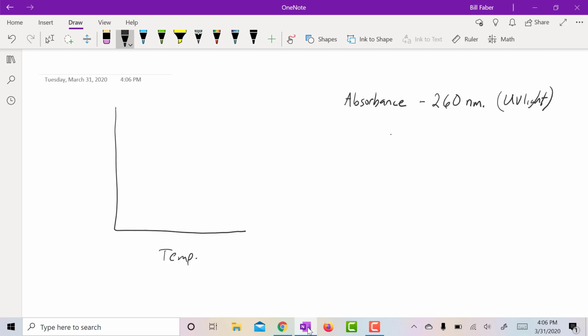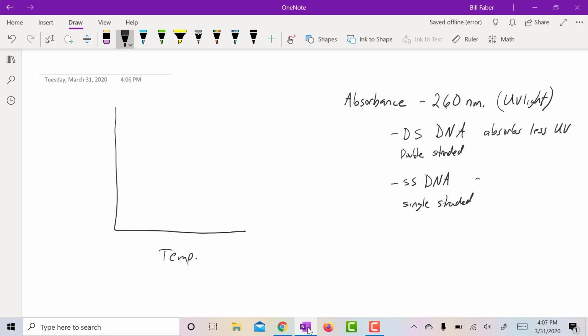Okay. And what's interesting is double-stranded, DS, I'm going to write that down, I'm going to use that a lot, double-stranded DNA absorbs less UV light, and then SS DNA, which is single-stranded or denatured, right, absorbs more UV.